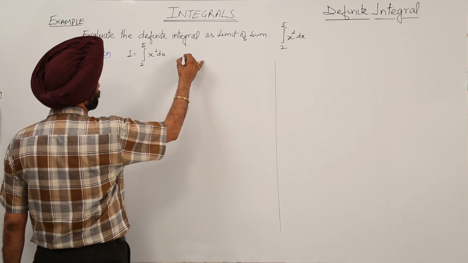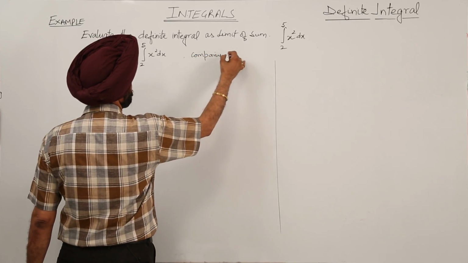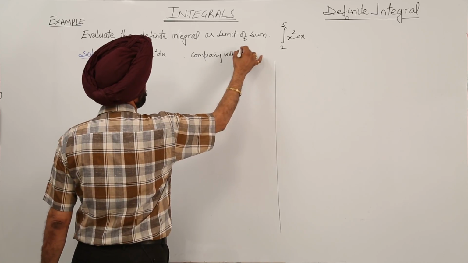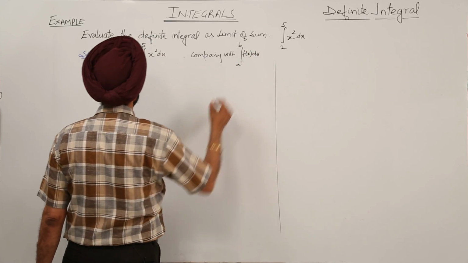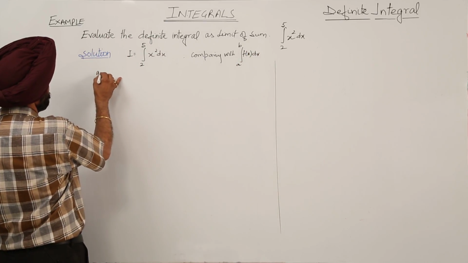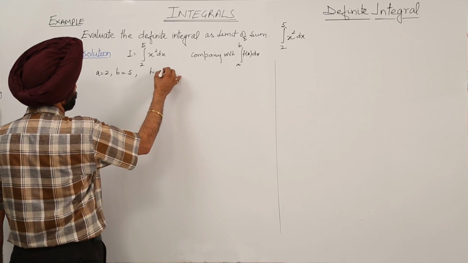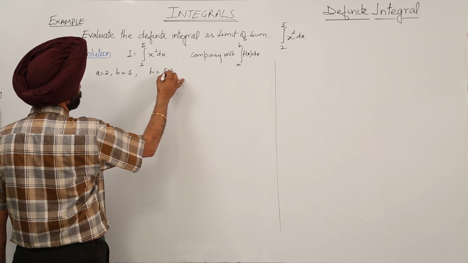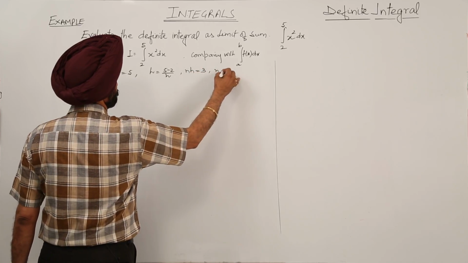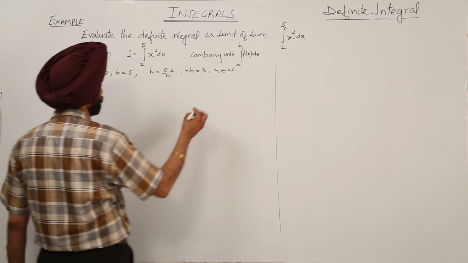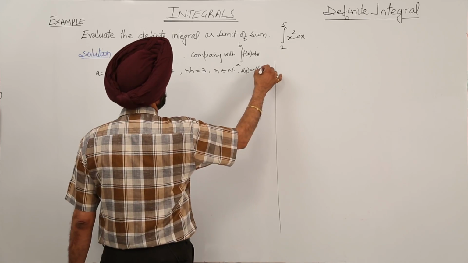Now, comparing with integral a to b f(x) dx, a is equal to 2, b is equal to 5, h is equal to (5 minus 2) upon n, and nh is equal to 3, where n belongs to natural numbers, and f(x) is equal to x square.